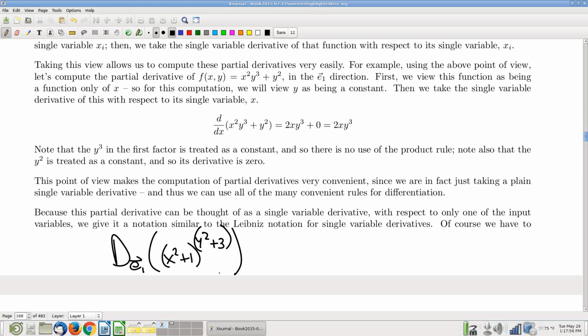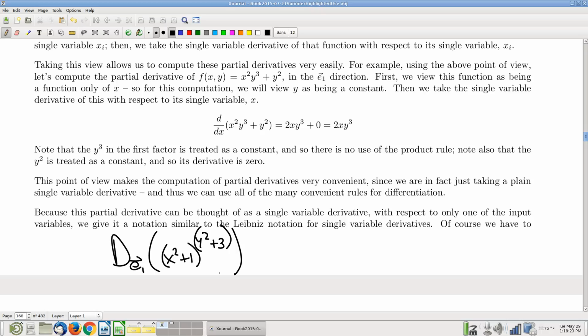Y'all remember logarithmic differentiation? If you have a function to the power of a function, there's a method from single variable calculus, Calc 1, for taking the derivative. You take the log of both sides of the equation and use log properties. It's very clever. If you have an expression like this, where you have a function to the power of a function, it's a necessity. So you look at this and think, okay, this is going to be one of those logarithmic differentiation problems.